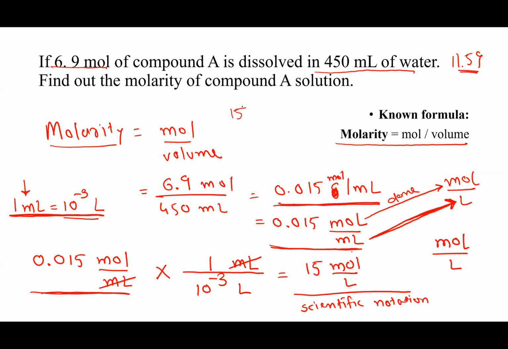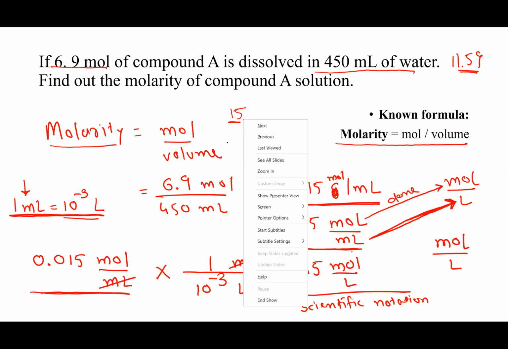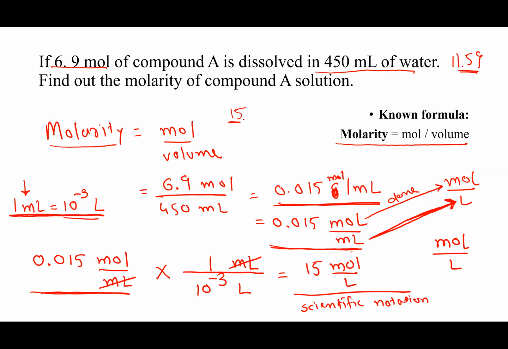Look at this, right? Whenever you have a number like 15, if you do not have any decimal place, it means the decimal place is right after the number that you have. In this case, we can say the decimal place is after the 5. For scientific notation, the rule says the decimal place has to be after the first non-zero digit. It means you have to move your decimal place from after 5 to after 1.